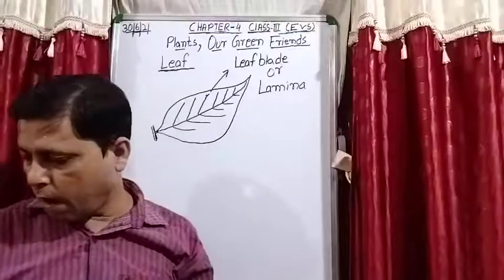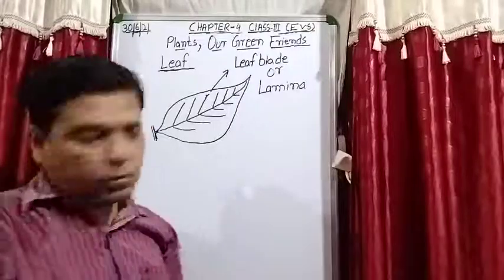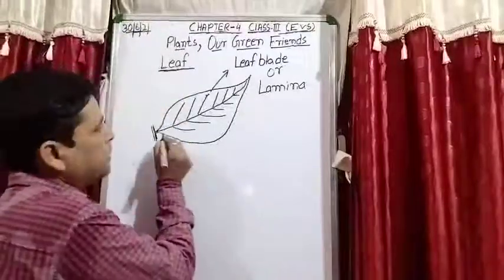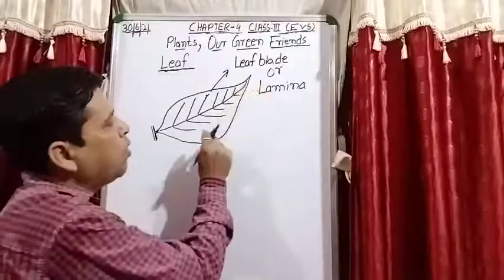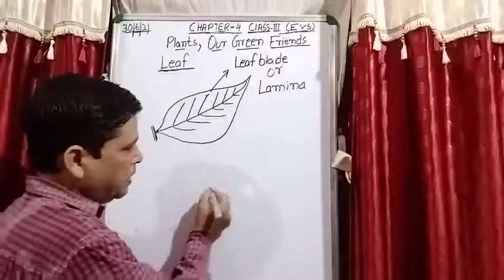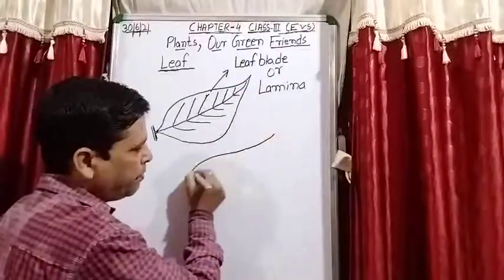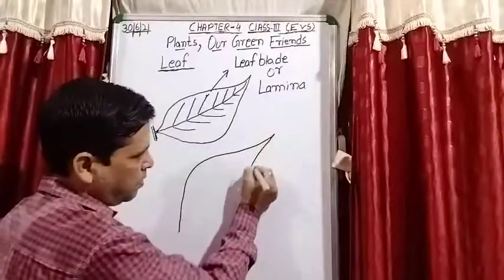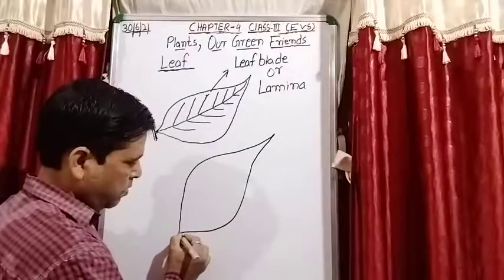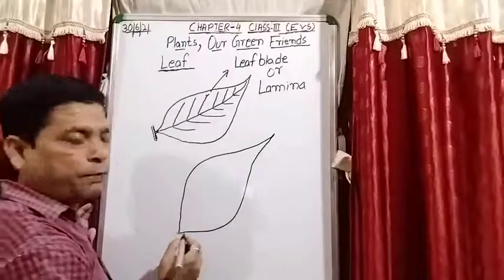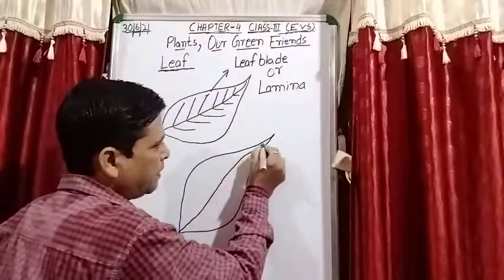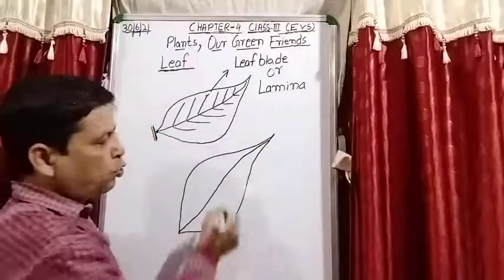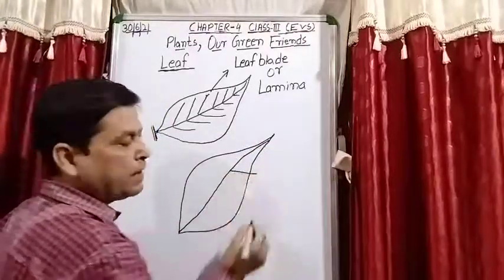Okay, now after that, in all the leaves, see there is a middle vein, and when I draw a leaf, firstly I draw this vein. So this vein is known as main vein.